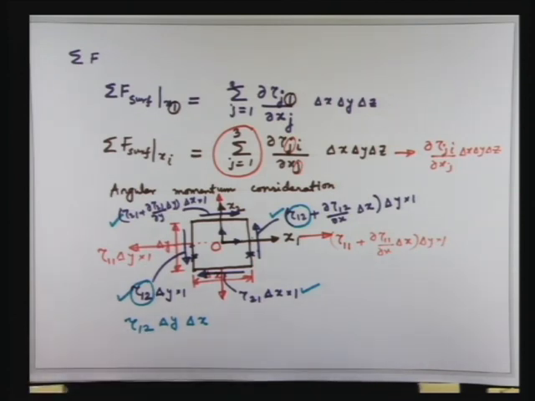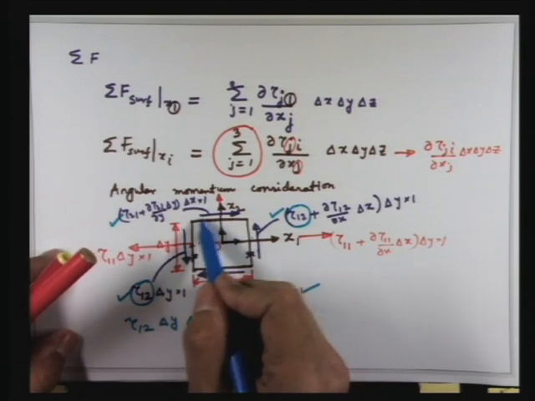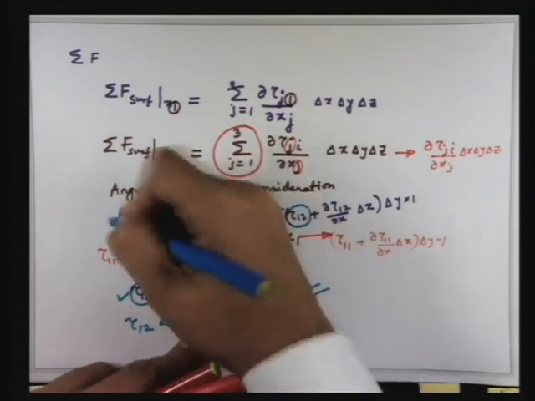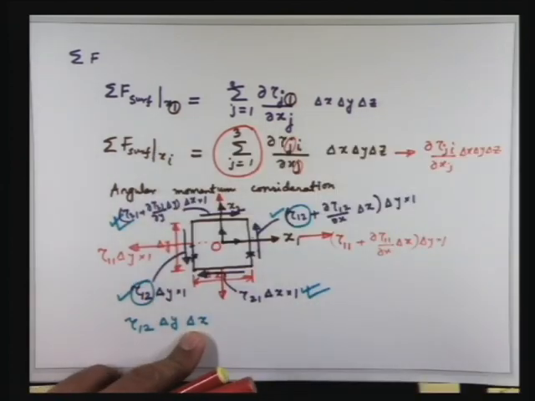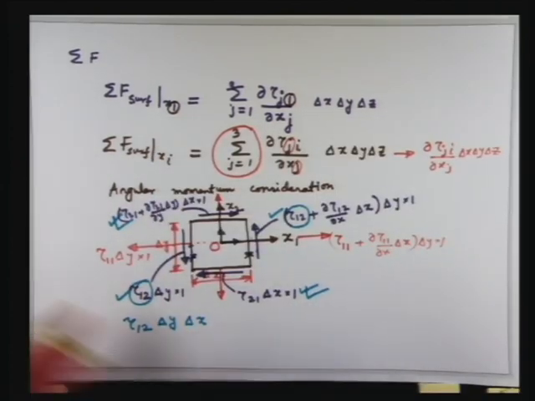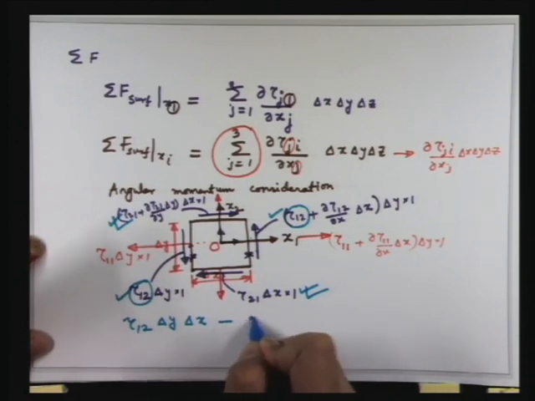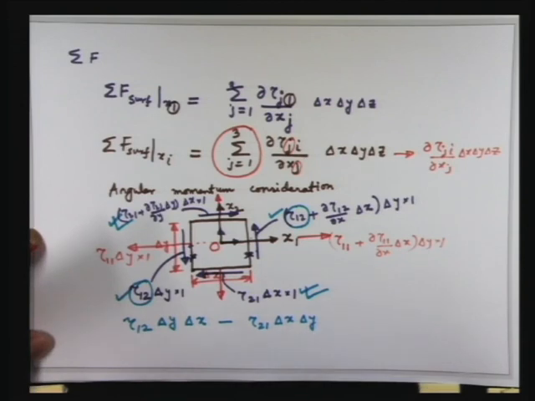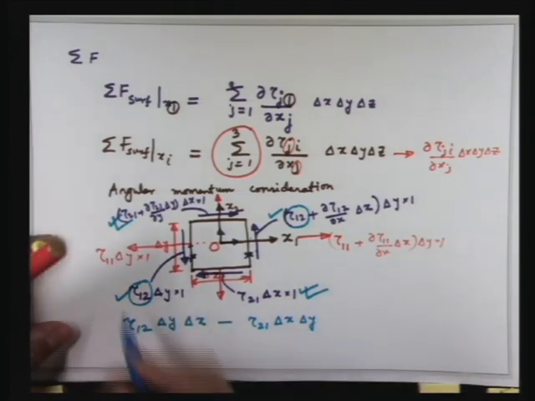Then let us consider these two forces. These two forces also give rise to a moment. What is that? First of all, it is a clockwise moment. So minus tau 2 1 into delta x into delta y. Higher order terms will not be important as you take delta x, delta y tending to 0. So I am not writing those, to keep it compact.